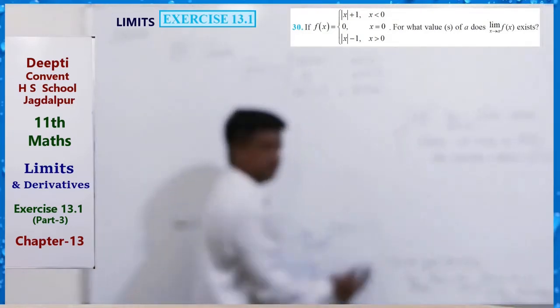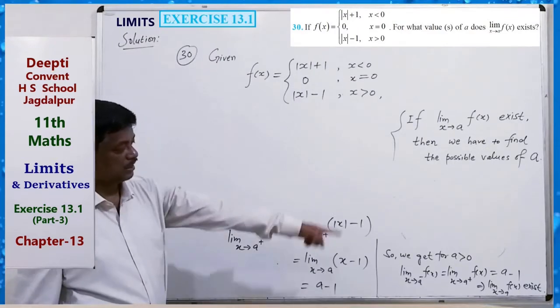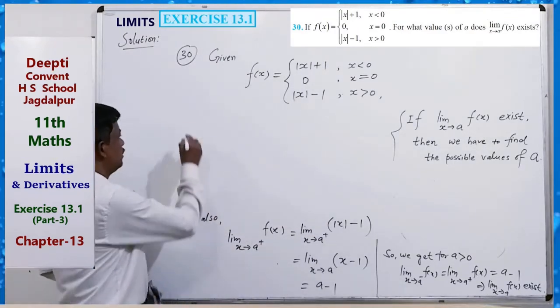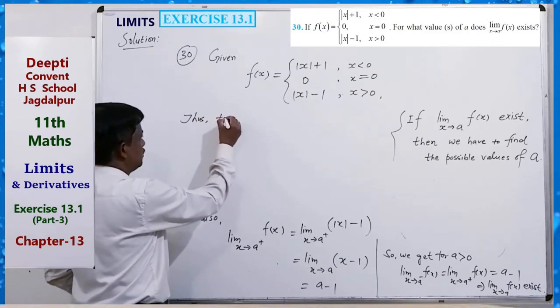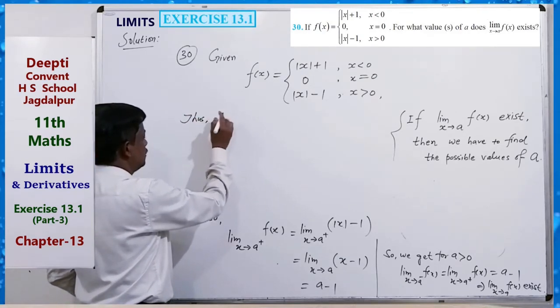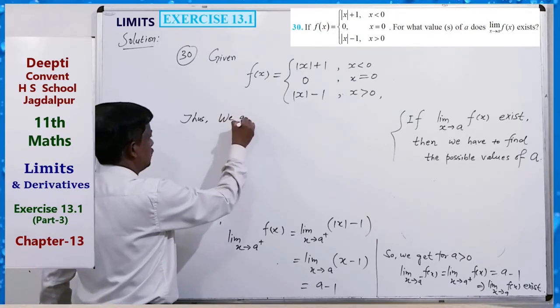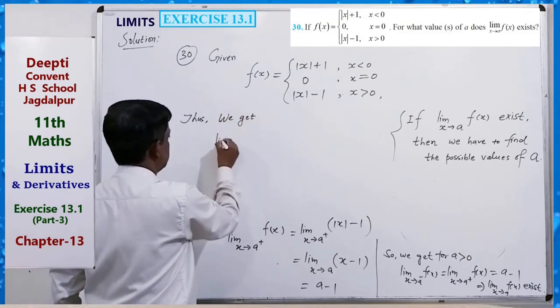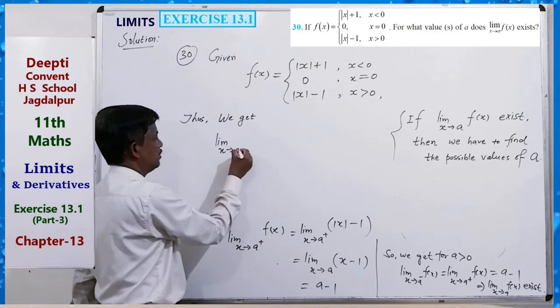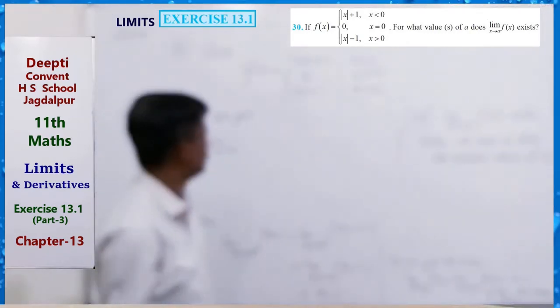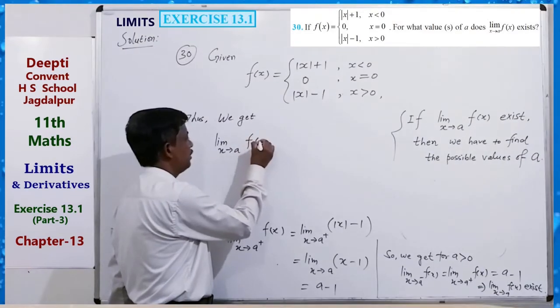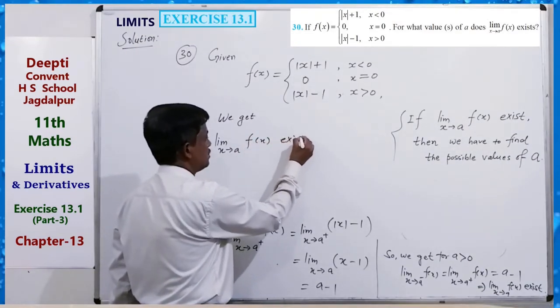For the third case, for a greater than 0, limit exists. Thus we get limit x tending to a of f(x) exists.